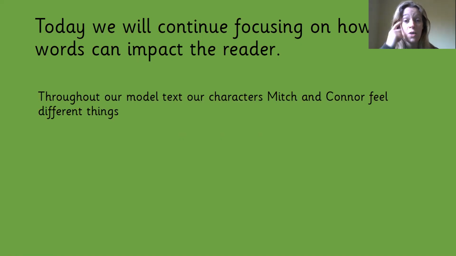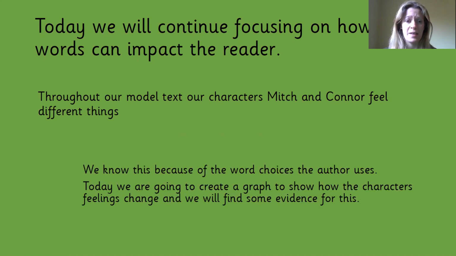Okay, so we've got two main characters in The Caravan. We've got Mitch and we've got Connor. And what we want to do is look at how the author shows us how the characters are feeling at different parts in our story. Now, remember, we know that word choices can show us this.